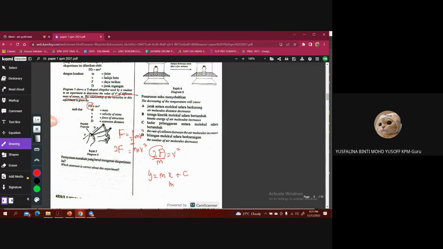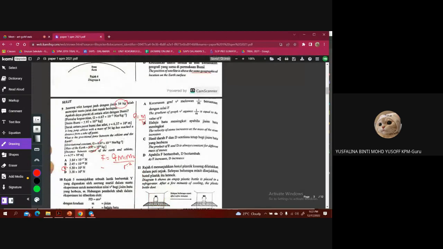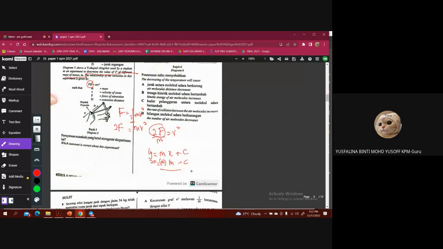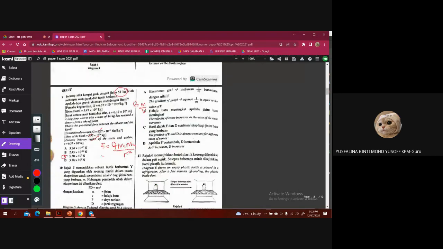Your m, they say it's m, but this one is the gradient, not the mass. And your gradient is actually 2F here, and you don't have c. So the gradient of the graph equal to the value of F? No, it's not equal. It's actually 2F, not F.